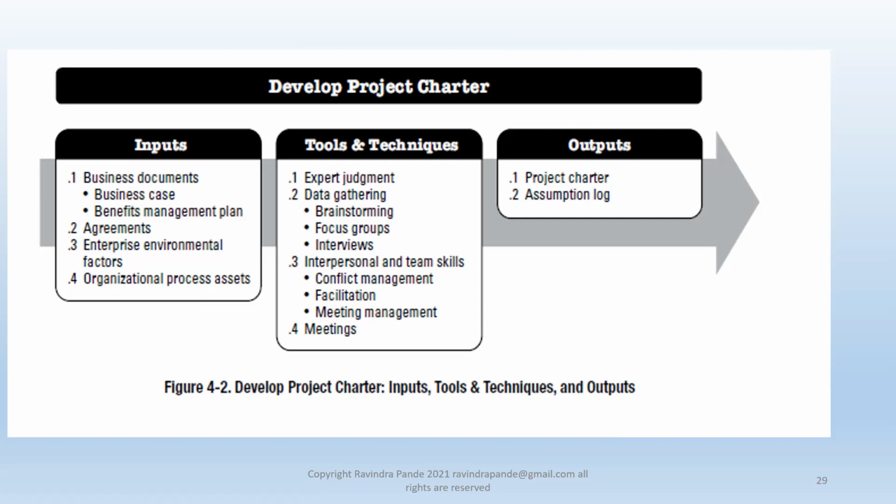Then you have the benefits management plan, which is the ROI document, the return on investment. Why are you doing this project, why are you investing so many millions of dollars to get this done, and how is it going to create returns for you?